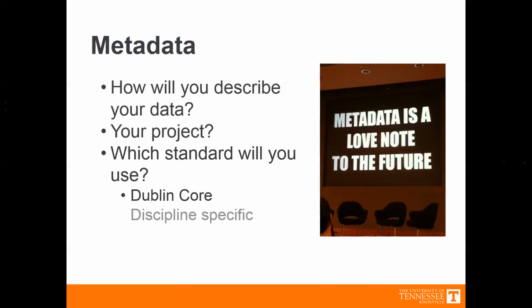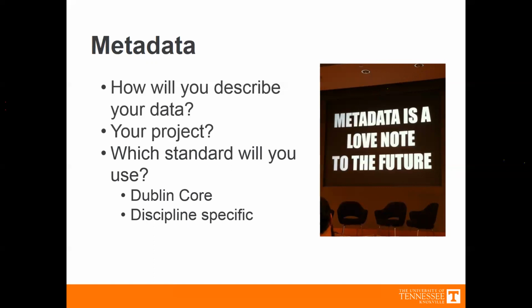But then, like I said, you may have one that's very specific to your discipline. So, for example, in the geographic and geological sciences, there's a geographic metadata standard called the Content Standard for Digital Geographic Metadata, and it's very specific. And everybody within those disciplines is usually familiar with this discipline-specific standard.